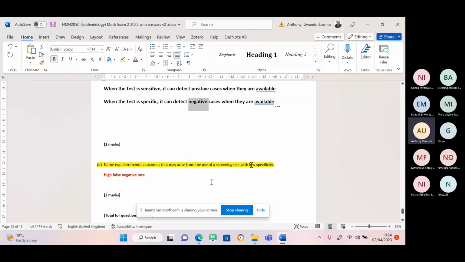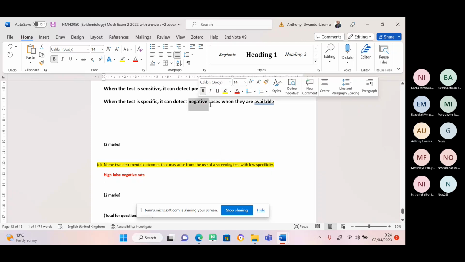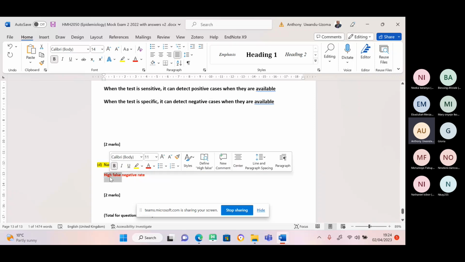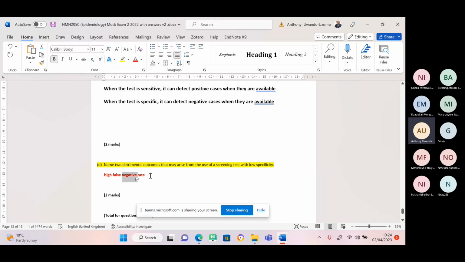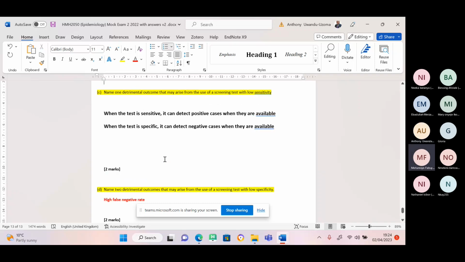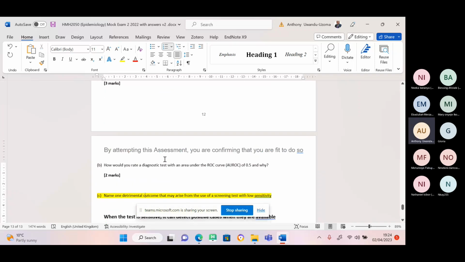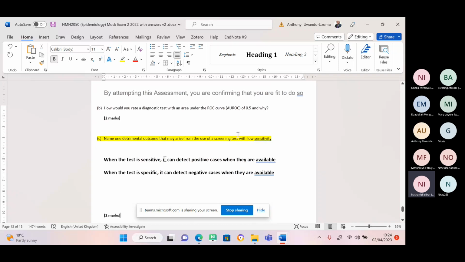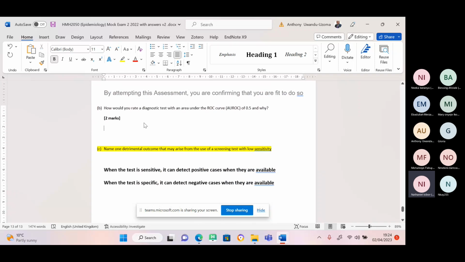So if it has low specificity, that means it can no longer detect negative cases, so you will have a high level of false negative, which is worse. We are not disputing that. That's very correct. But since they said two, we are just thinking of what will likely be the second reason.